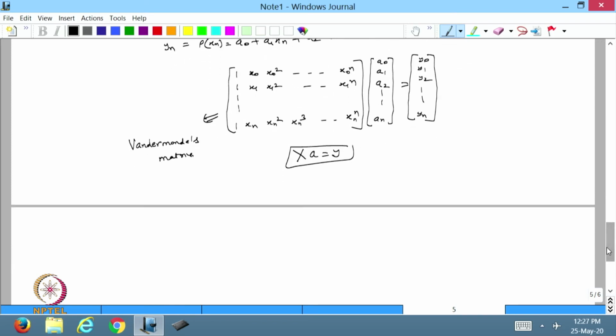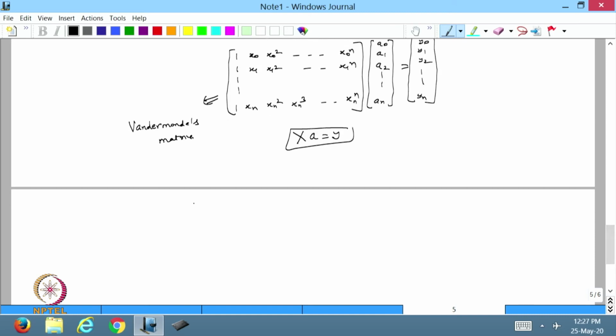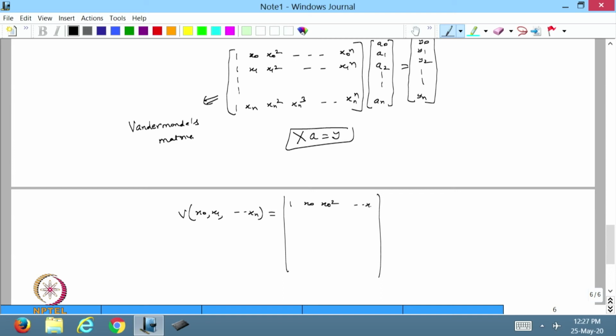If I want to solve this system, let's find out what the determinant of this matrix will be. So, I can write V(x0, x1, up to xn) as the determinant of this matrix: 1, x0, x0 square up to x0 power n, 1, x1, x1 square up to x1 power n, up to 1, xn, xn square up to xn power n.